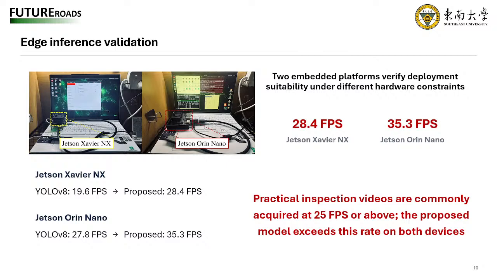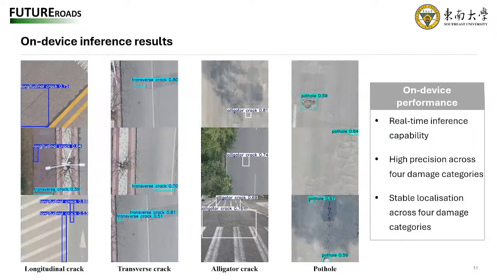Our model can achieve 28 FPS and 35 FPS on the 2 platforms, which indicates the proposed model can exceed this rate on both devices. These are the on-device inference results, and from these 4 figures, we can see the model gives very accurate and stable localization results.